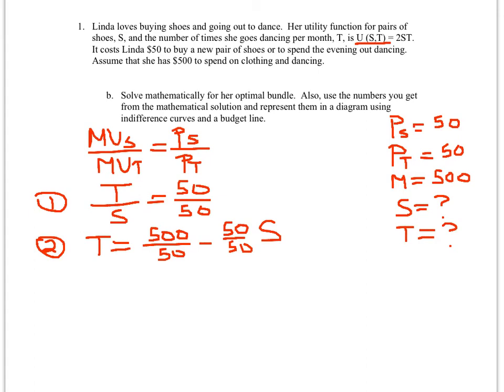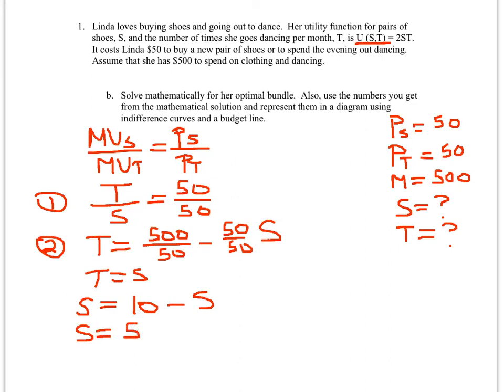The first equation basically tells you that T equals S. So we can simply replace that T for S in the second equation to solve for S. So we'll have S equals 500 over 50 minus S. And if we solve for S here, we have S equals 5.